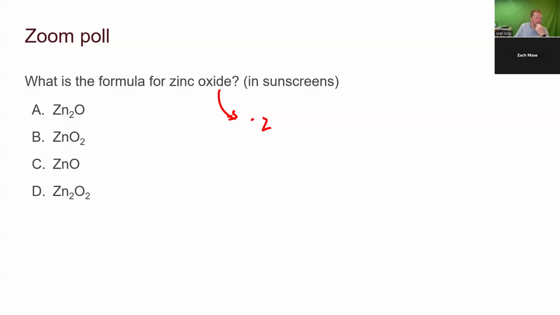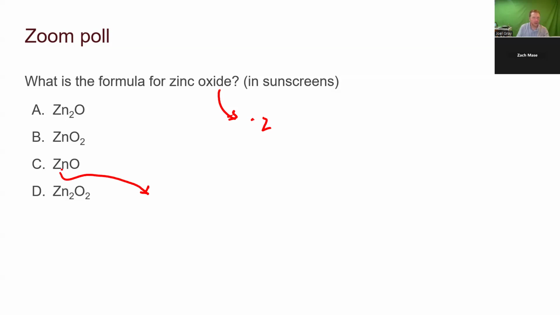We didn't get it. We got a little bit of a random distribution. We did, however, get to the most popular answer with 55% is C, and that is the correct answer. So the correct answer for this one is indeed ZnO.